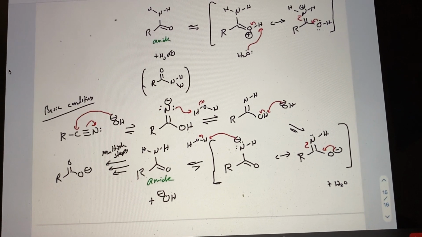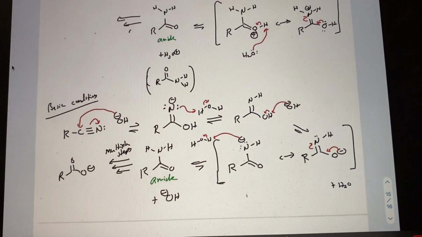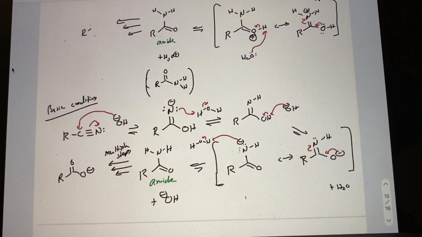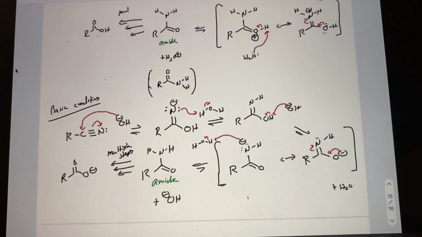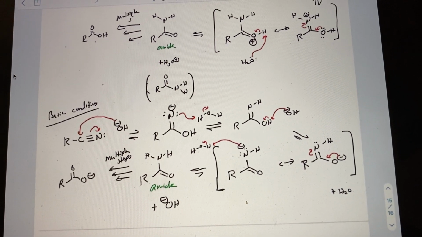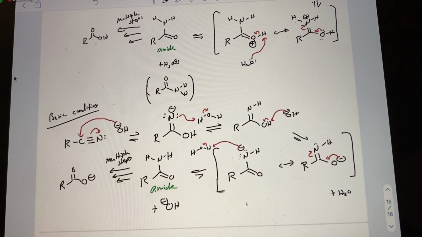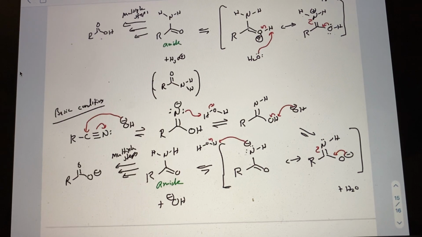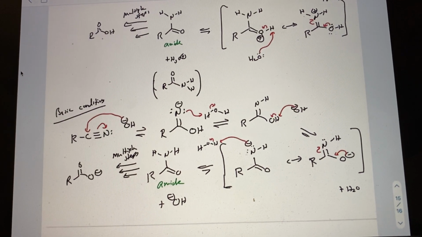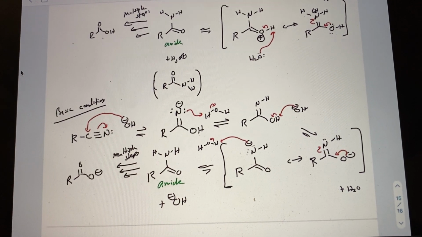And I'll put it up here in the top too. Multiple steps to form the carboxylic acid. So these are lengthy mechanisms if one writes out the whole thing, but this would be the same as what we saw earlier with the amide.